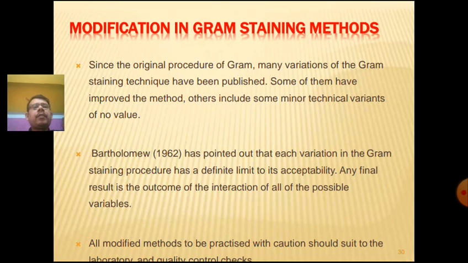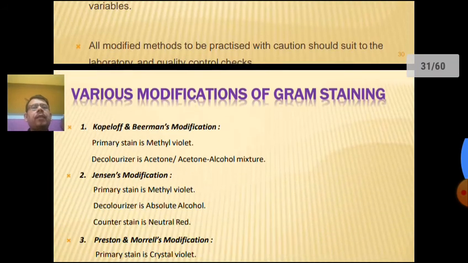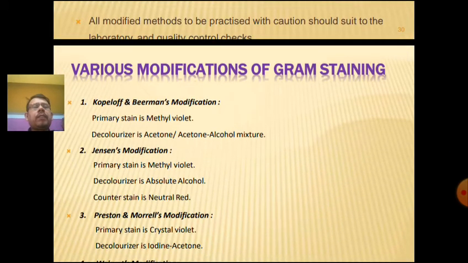Modifications of the gram stain. Since the original procedure, several variants of the gram staining technique have been published, and others include some minor variants. The final result is the outcome of the interaction of these possible variants and the various modifications of the gram staining procedure.